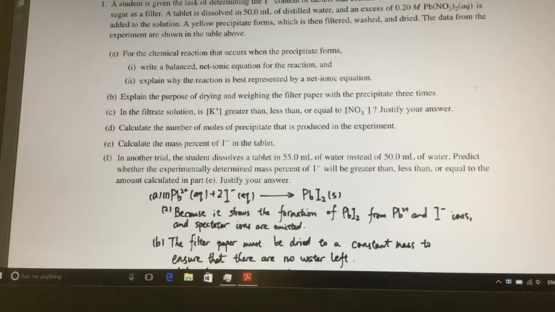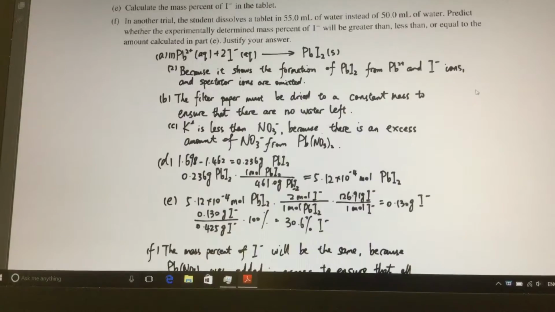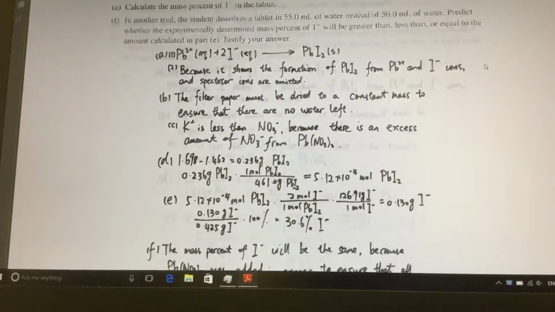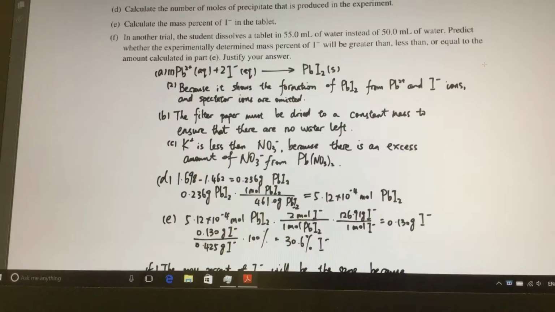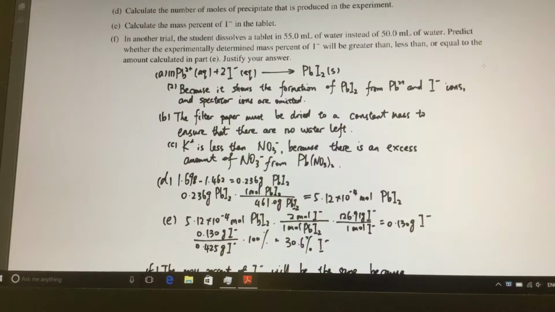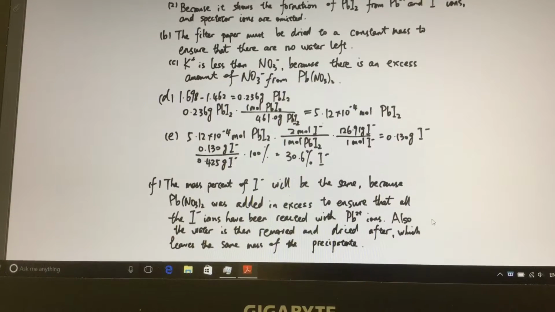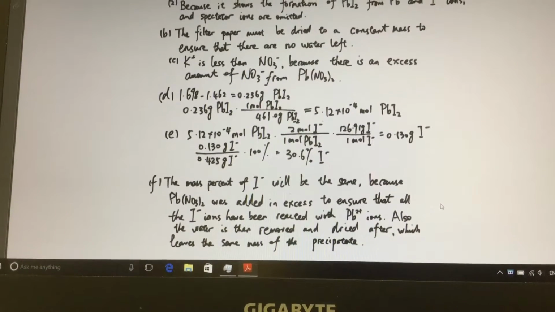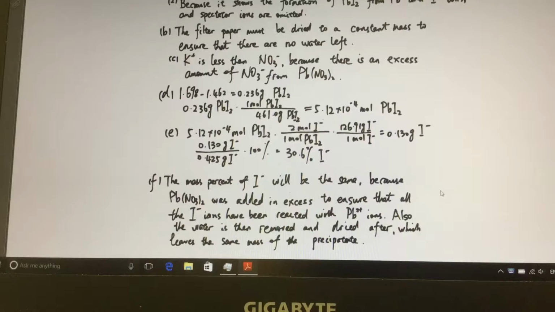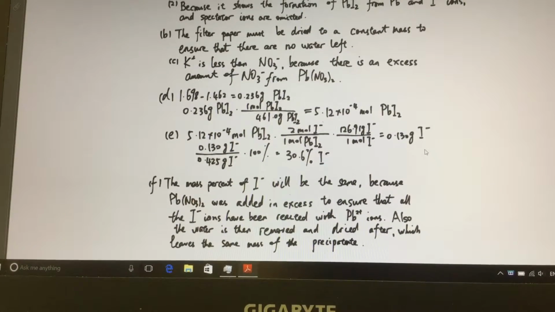So adding more water does not make any difference to the actual mass percent of iodine. Mass percent of iodine would be the same.